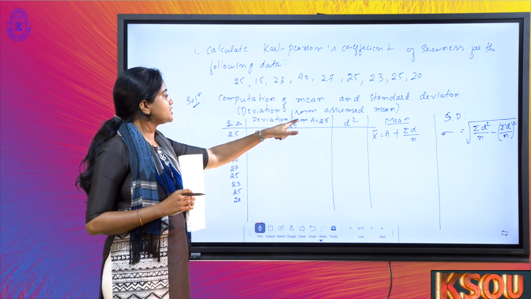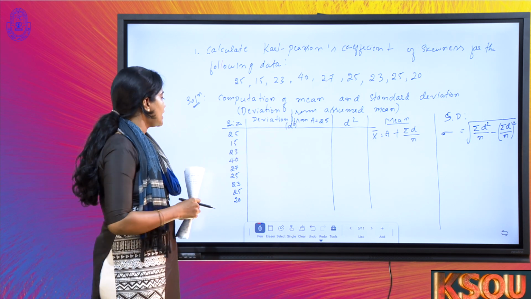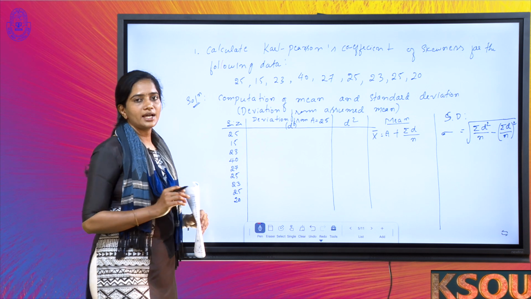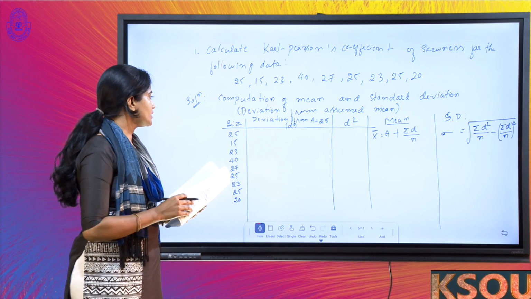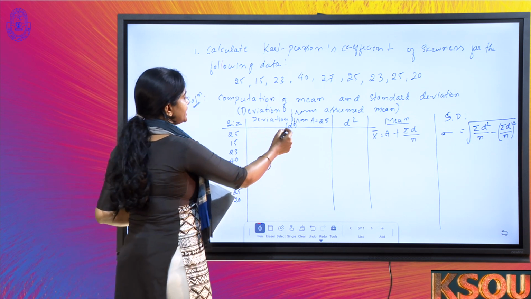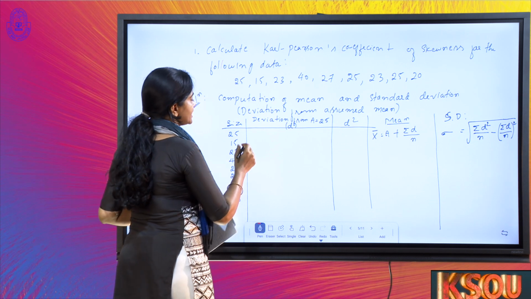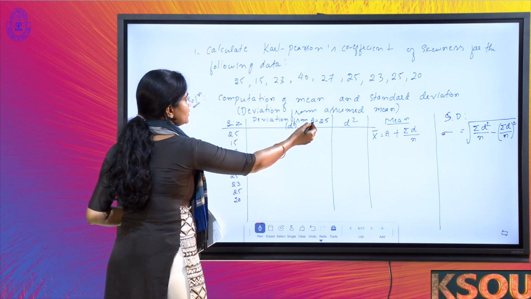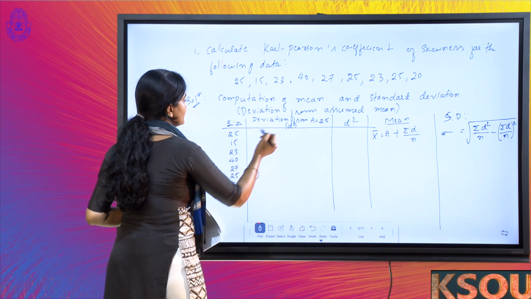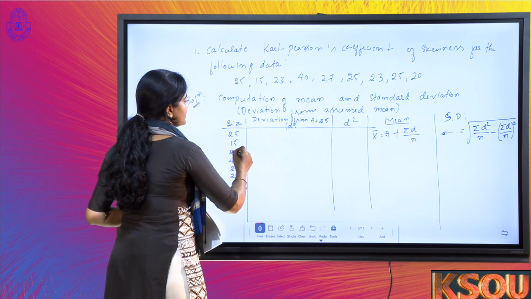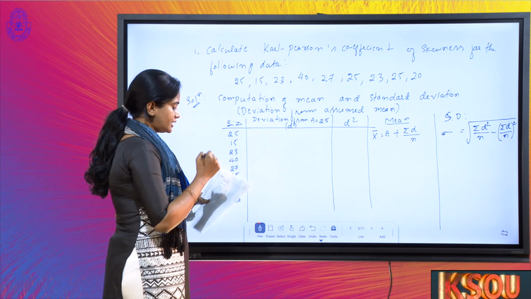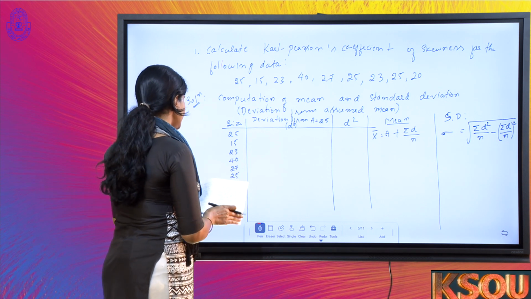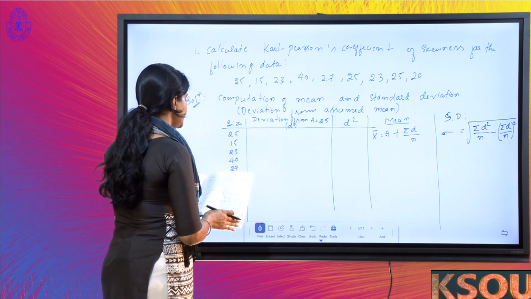Take deviation from the assumed mean here. I am going to take 25 as the assumed mean, then you get the d value, that is x minus a, where a is the constant value. Take 25 minus 25, 15 minus 25, 23 minus 25, and like that you solve for the deviation from the assumed mean.